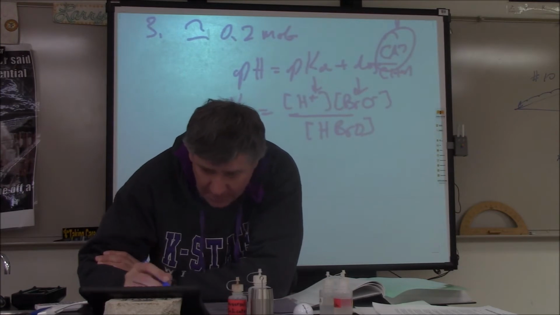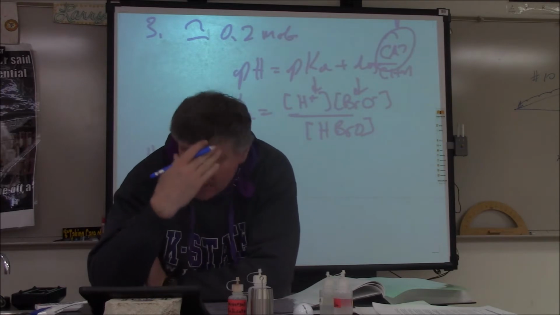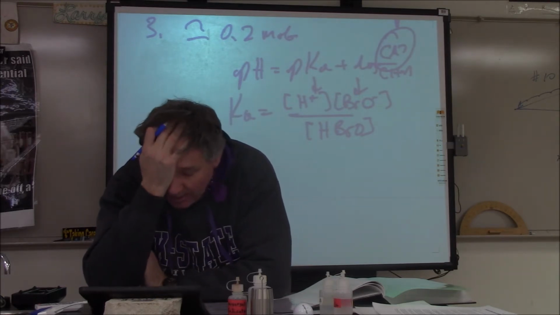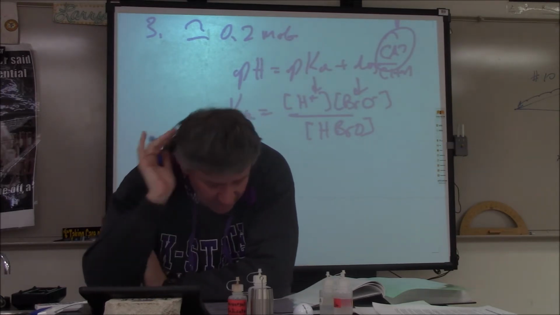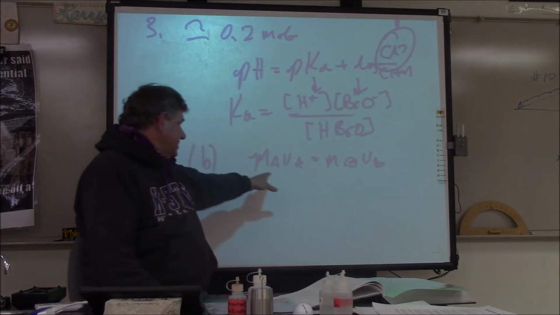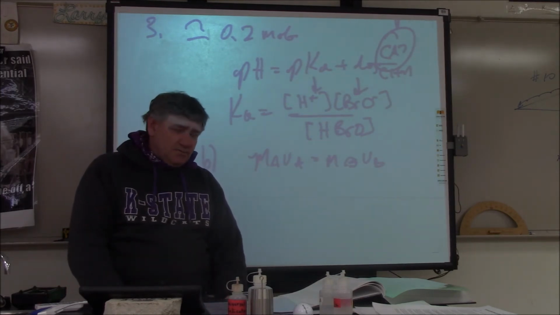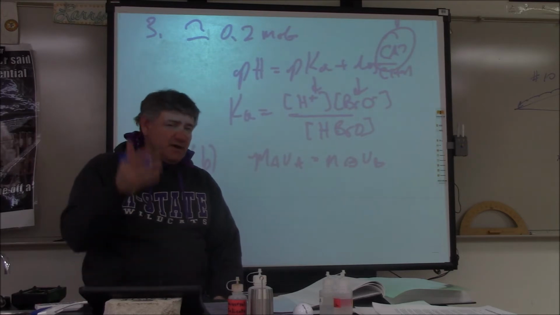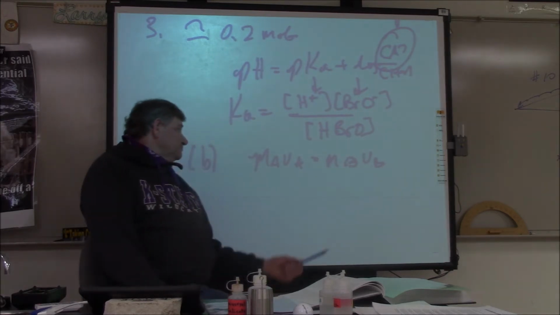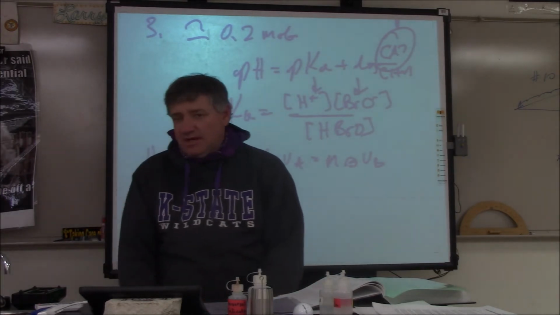Okay, on number 4, let's talk about that one. This is comparing that weak acid to a strong acid. Here's the one that's missed most often. It's going to be B. If you look at that, MAVA equals MBVB, the moles of acid needed is going to equal the moles of base needed. That calculation is not dependent upon whether it's a weak acid or a strong acid. You have the same number of moles of acid to neutralize as you need moles of base to neutralize it.